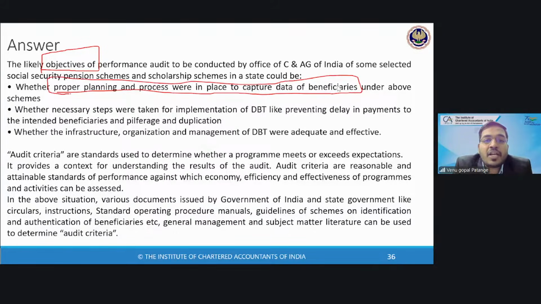By implementing DBT, whether there are delays in payments, whether intended beneficiaries are taking advantage, whether any pilferage or duplication happened. So this is effectiveness, right?